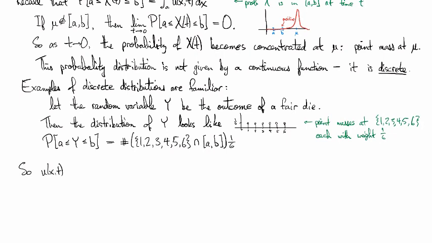So this solution that we found, given by the normal distribution, is the solution corresponding to a point source.